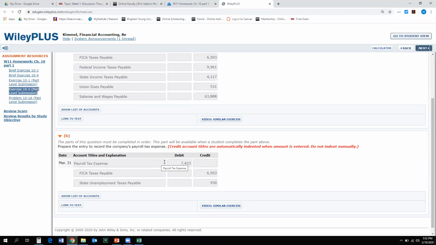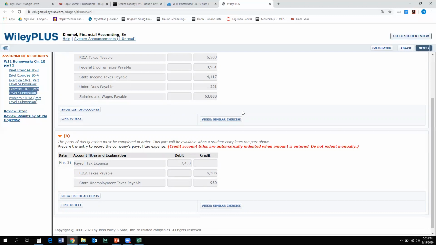So the employer is the one that pays the state unemployment taxes payable. The employee doesn't get that deduction from their paycheck? Correct. In most states, the employer pays into federal and state unemployment taxes, which is then, if somebody ever loses their job and has to go on unemployment, where that money gets drawn from.